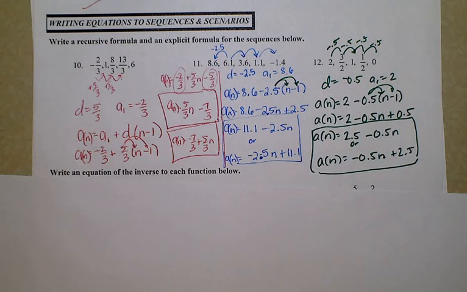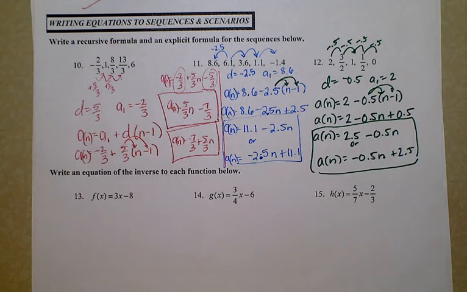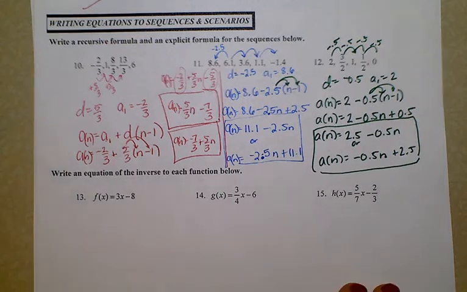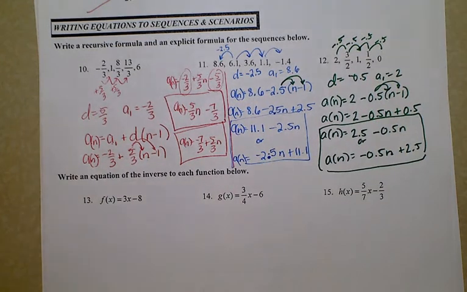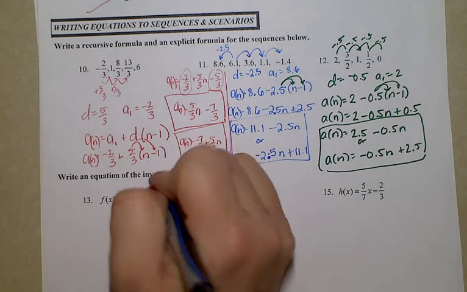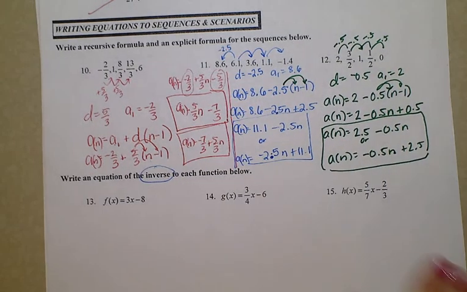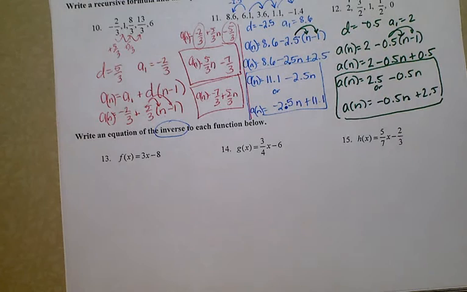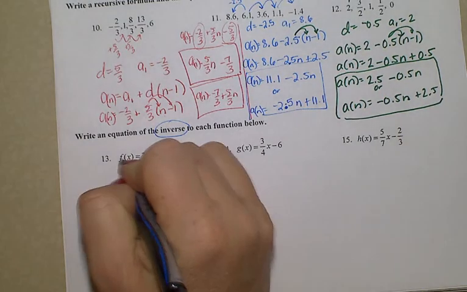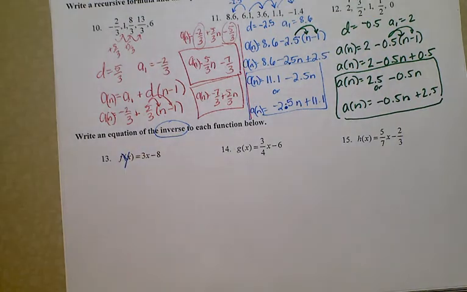Does anybody have questions for me on this particular problem? Okay, let's go on to the next one. Let's circle the word inverse. How do you find the inverse? To find the inverse, there's like 3 steps. The first step is the easiest. If it's not already set as a y, let's change each one of the functions into the notation y equals.